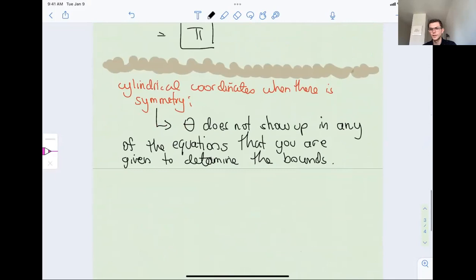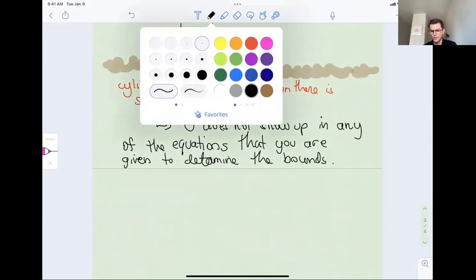The nice thing here is that if theta doesn't show up, then you can draw a picture on what's known as the RZ plane.